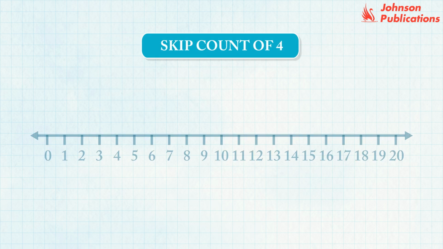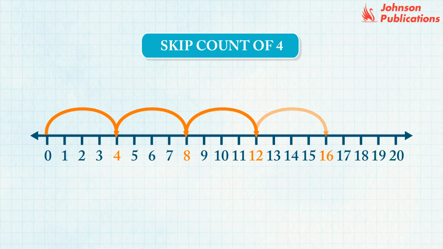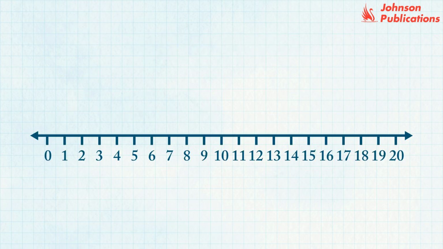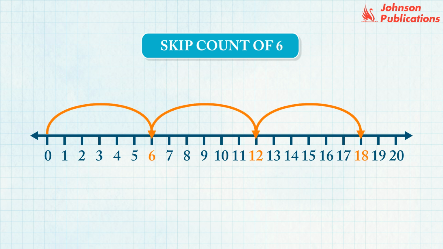Skip count of 4. If we skip count by 4, we get 4, 8, 12, 16 and so on. To do skip counting by 4s, we keep adding 4 each time to the previous number. Similarly, we can skip count by 6. We get 6, 12, 18.